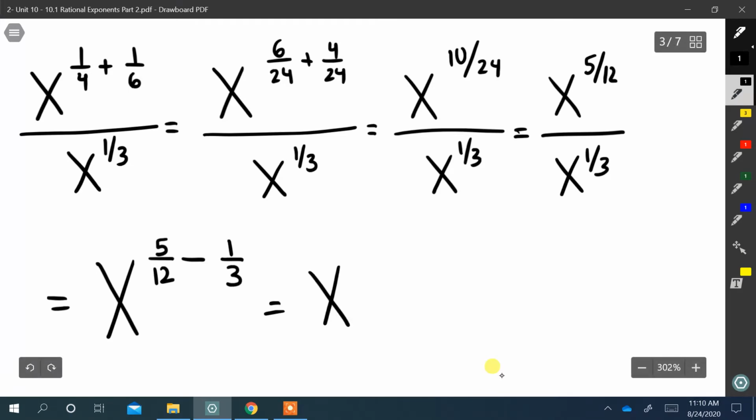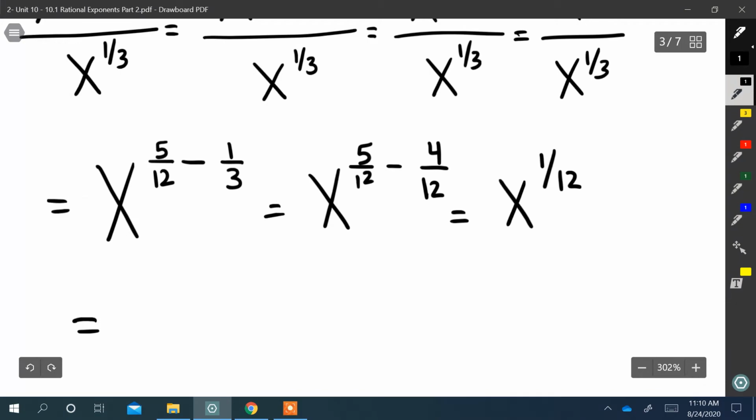Let's rewrite that 1 over 3 as, well, if I want to get 12, we multiply top and bottom by 4, and I get 4 over 12. We end up getting 1 on top with the 12 on the bottom.